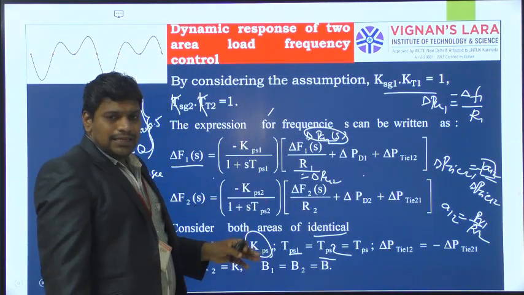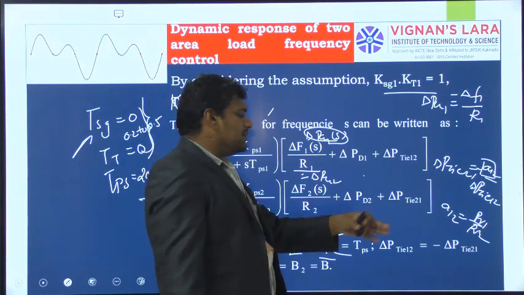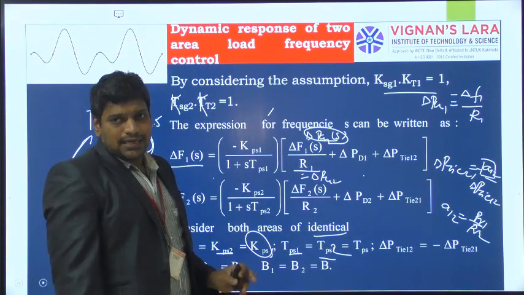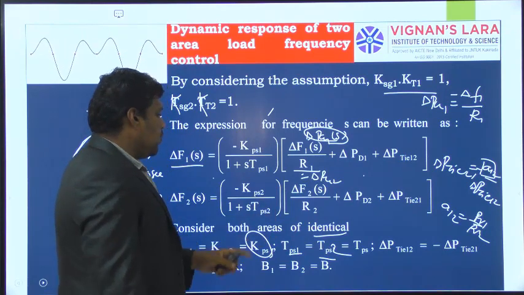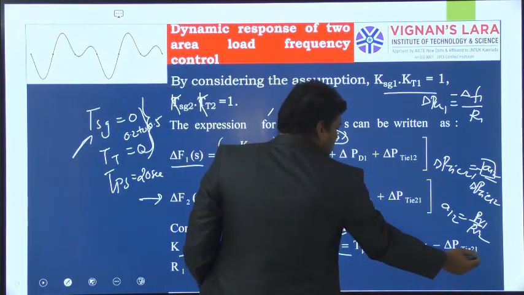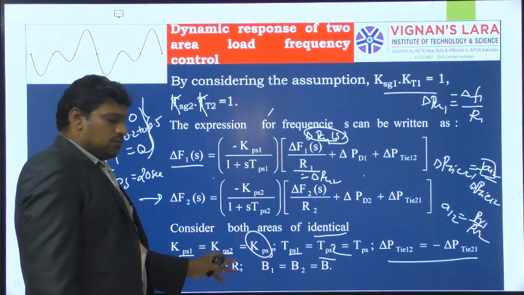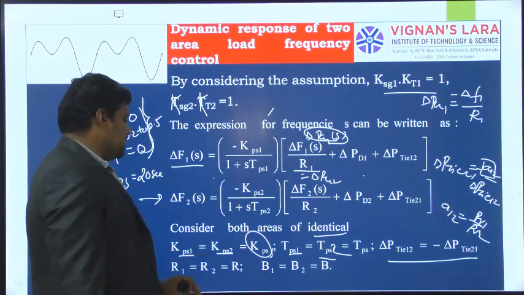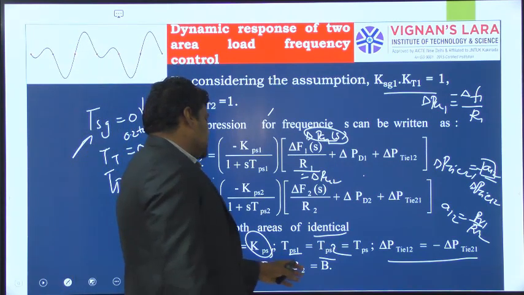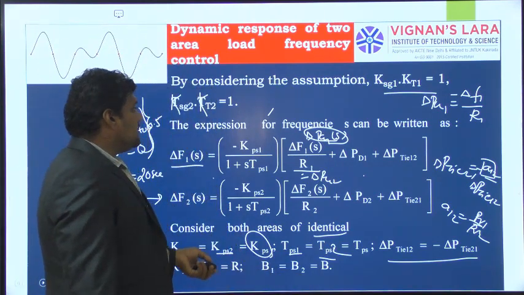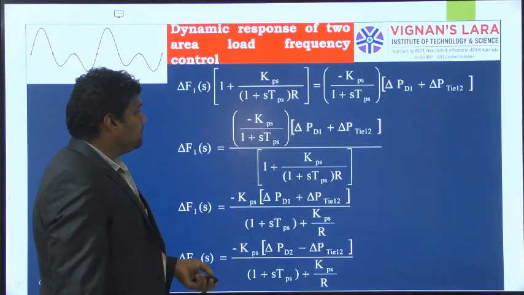Since both areas are identical, PR1 is equal to PR2, and we consider the same base value for both, therefore A12 is equal to 1. Similarly, R1 is equal to R2 is equal to R, the speed regulation constant, and B1 is equal to B2 is equal to B, the motor load parameter with respect to frequency.